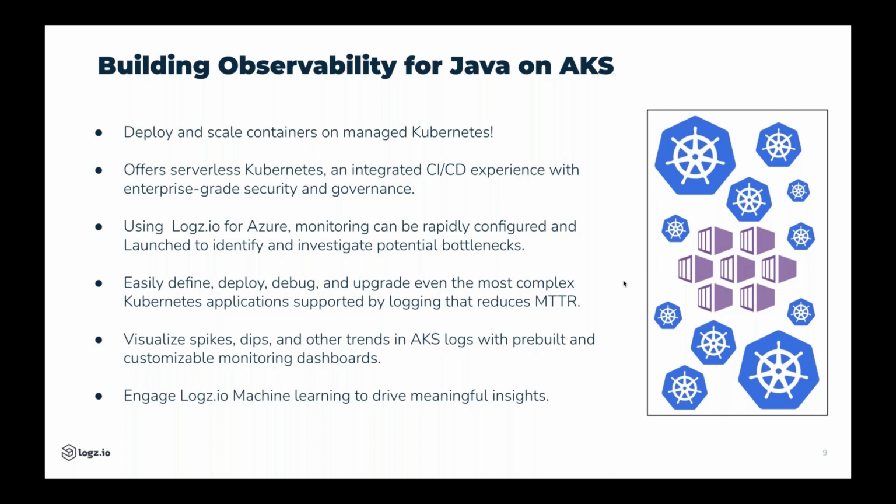So you can use that to monitor any aspect of your system, either the control plane of the AKS, of the Kubernetes, or tap into the specific pods to get the application logs and send them to Logz.io for observability.